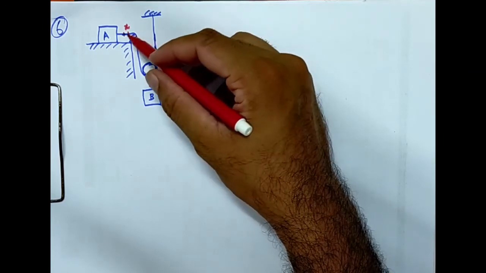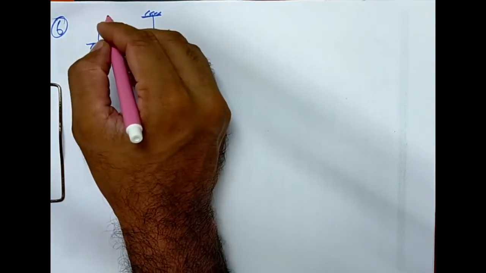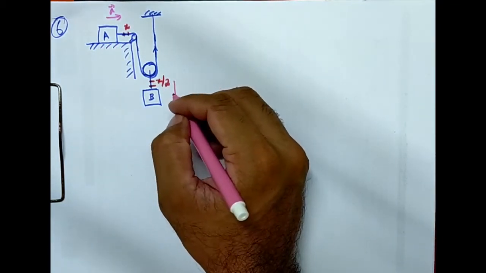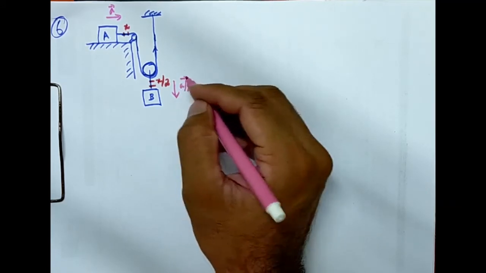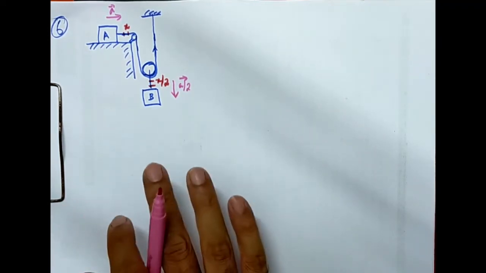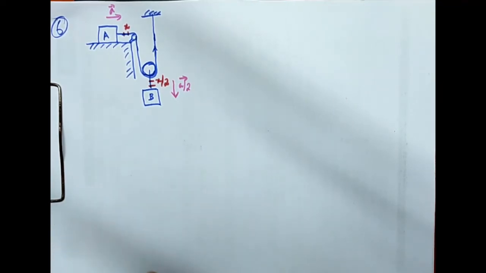So here if this moves by x, this will be x by 2, which basically means that if this block has an acceleration a in this direction, this block will have an acceleration a by 2 only. That is a basic thing that we want to grab from this particular problem. So you need to try all the combinations before writing this, because this is the critical point. If you go wrong at this point, your answer will be completely wrong.